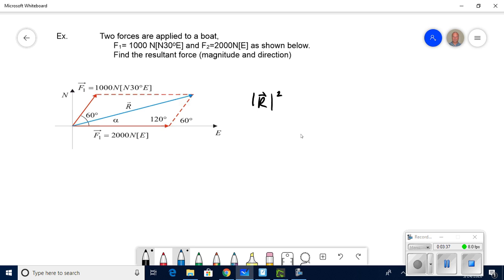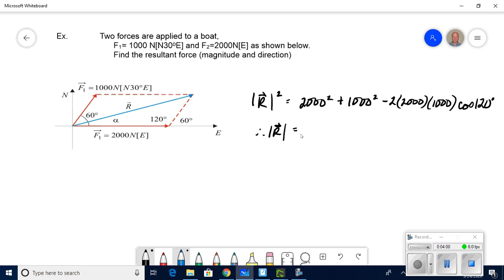And that's going to be 2,000 squared plus 1,000 squared, minus two times my two sides, times the cos of the interior angle, 120 degrees.